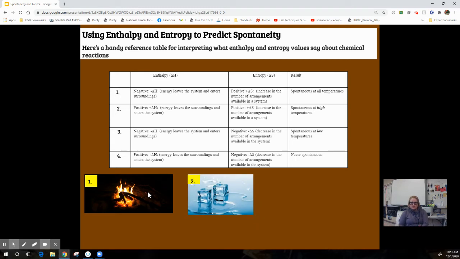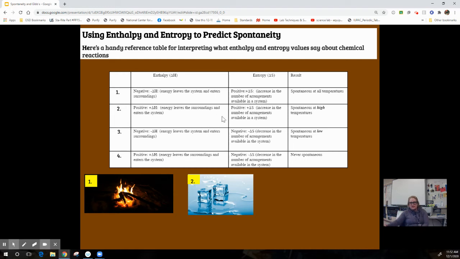Example number 2, back to my melting ice cubes. So melting ice cubes is going to be an endothermic process because heat is leaving the surroundings and going into the system. So my enthalpy value is positive. My entropy value is also positive because I'm going from a solid to a liquid, so I'm increasing the number of arrangements possible.